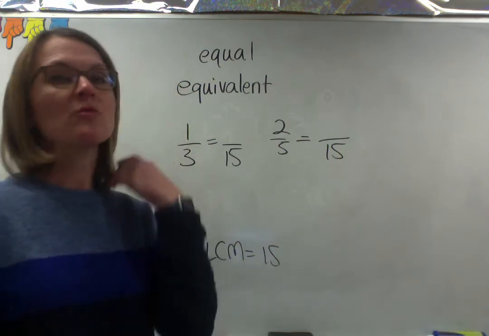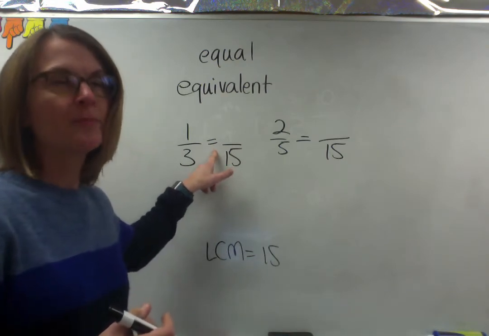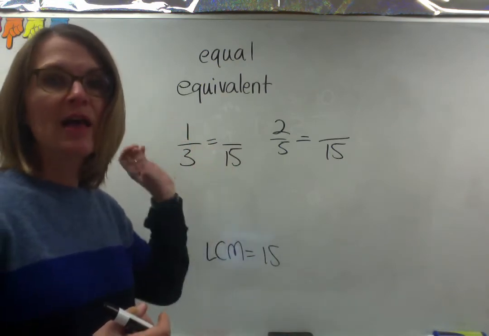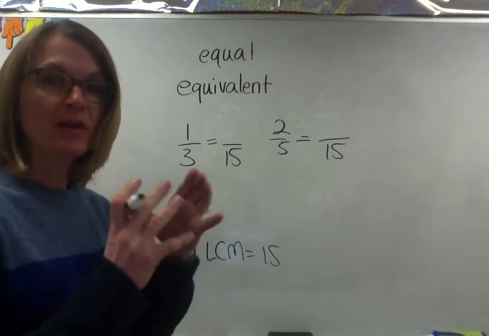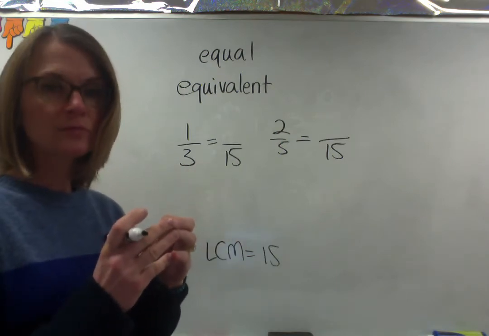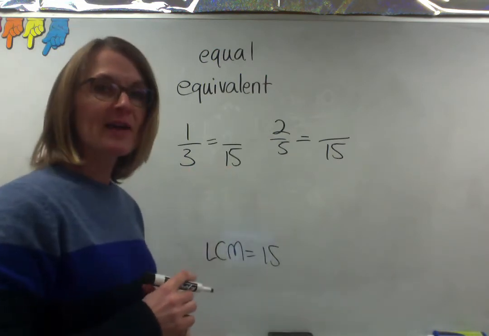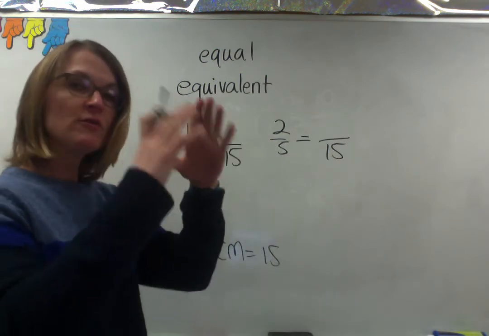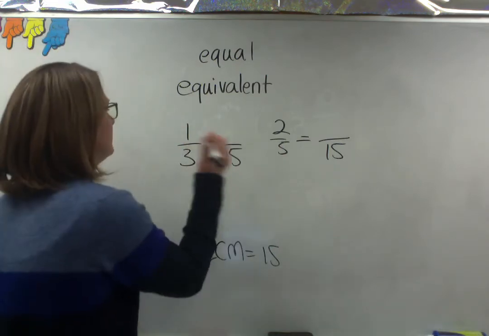What you're doing is you're making equivalent fractions, which is why there's an equal sign here. There are two fractions that are equal to each other and will make the same amount of something when you put them together. Okay, so thirds and 15ths are not the same size, but you can use 15ths to make something that's the same size as a third.